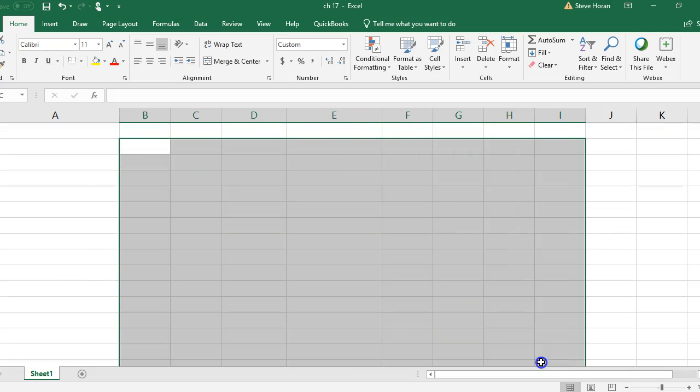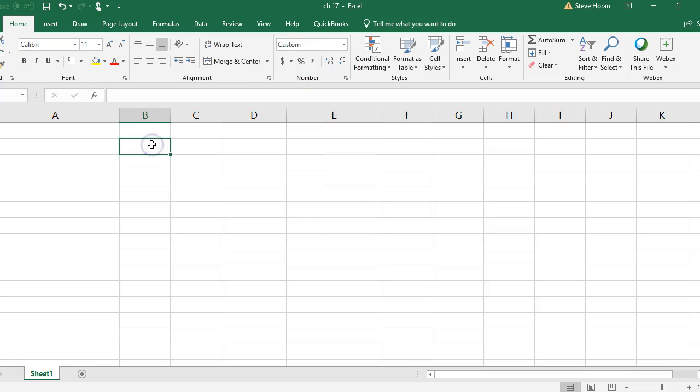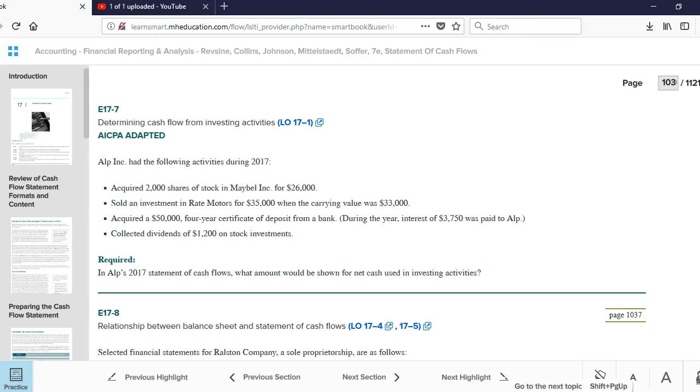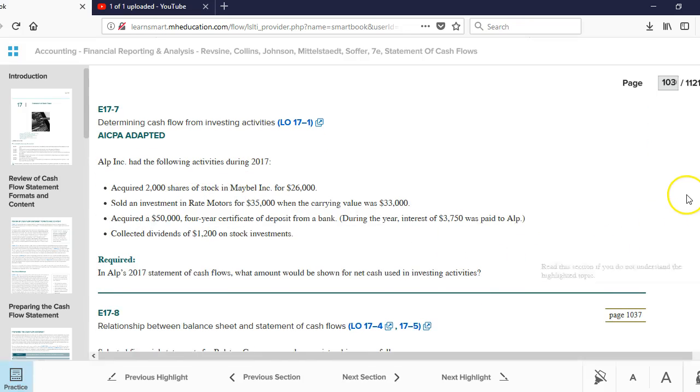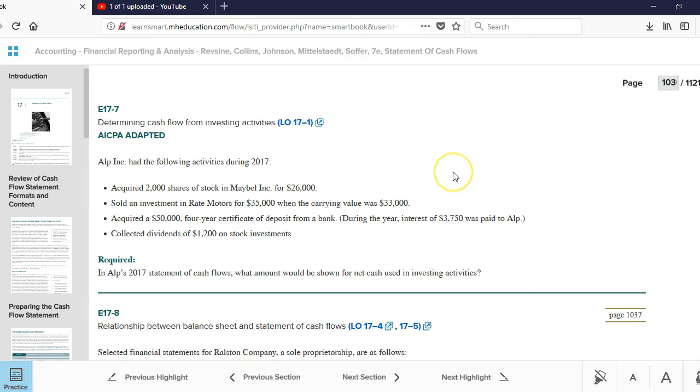Again, let's go down, kind of get a new fresh area down here, and go ahead and build this. So we're doing cash flow from investments. And let's go ahead and kind of go back and think this through again. So we're ALP, and think of property, plant, and equipment and marketable securities, right? It's kind of what we're talking about. And nothing here is property, plant, and equipment.